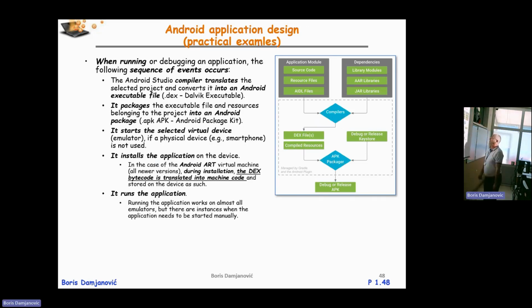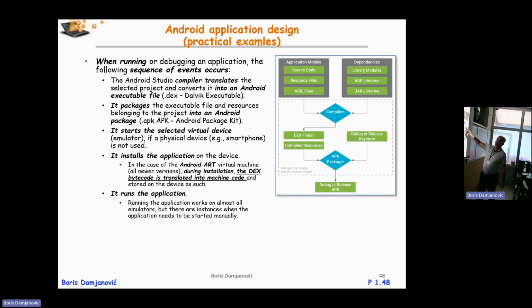Now, again, what does compiling look like? We use source code and we use resource files. Resource files are layouts, and these layouts are XML layouts. But there are also other files that we didn't mention before that are in that folder with resources. We will use libraries from Android and from third-party producers, and we will compile that into a DEX file. We will produce a DEX file and compiled resources.